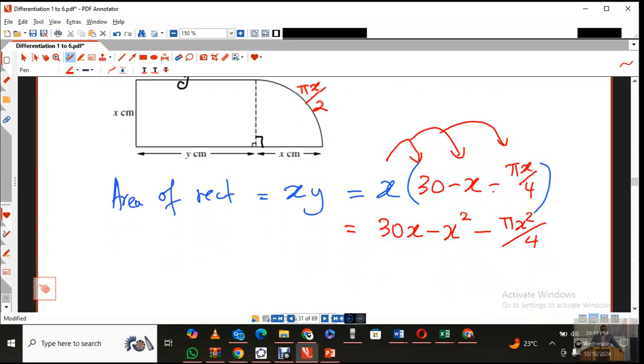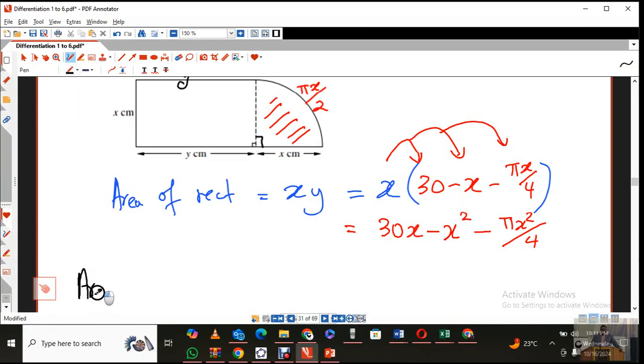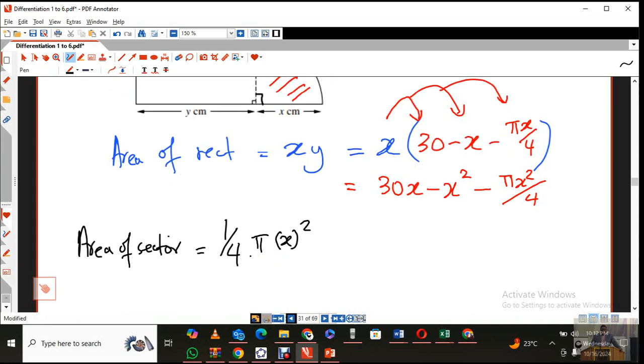Next, I must find the area of this sector. This sector represents 1/4 of the area of a circle, pi x squared, where x is my radius. If I clean this up, this will give me pi x squared over 4.